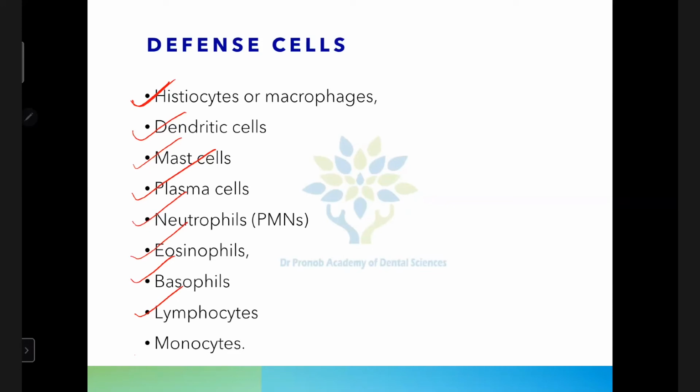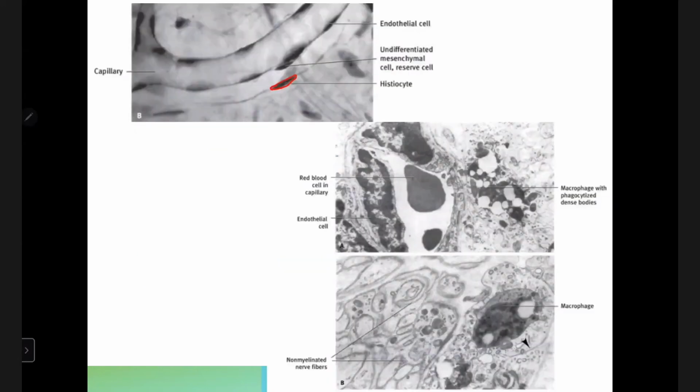So these histiocytes are irregularly shaped cells. Histiocytes are also called macrophages. Here you can see the macrophage. These histiocytes are irregularly shaped cells and they have short and blunt processes.